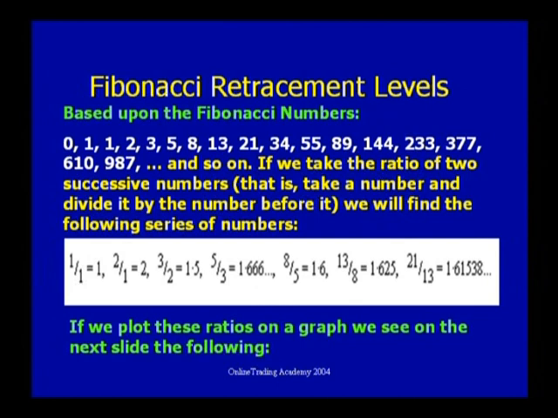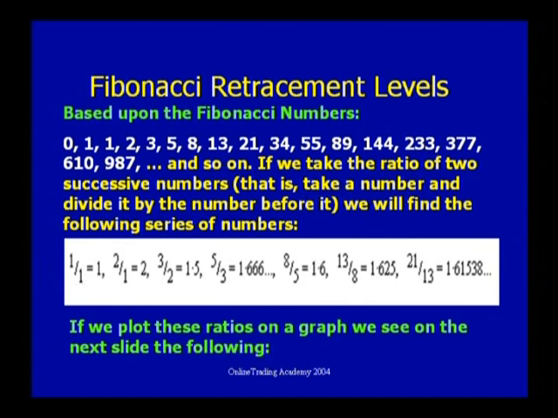Anyhow, Fibonacci said, what if we were to take the ratio of two successive numbers? That is, take a number and divide it by the number before it. And we start to see a following series of numbers. Well, we know that pi has now been tested out to 1 million digits, and the pattern has not repeated. This one is kind of the antithesis.